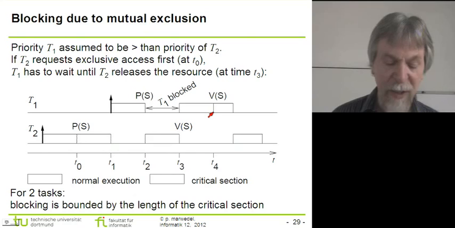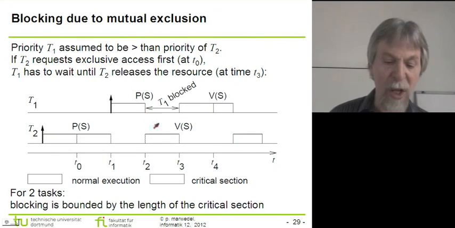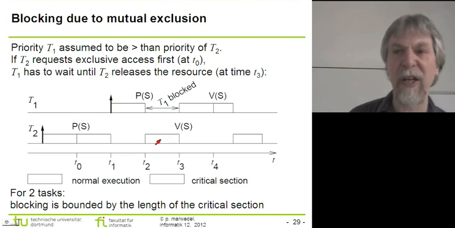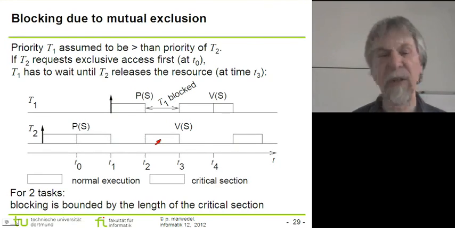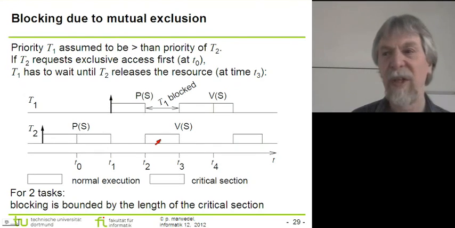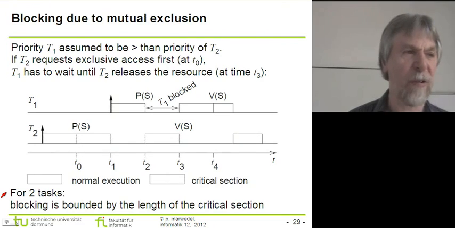So in this case, we see that we have a higher priority task, which is blocked by a lower priority task because it's accessing the same resource. So it's an inconvenient situation, but there is a nice aspect of this rather bad news.